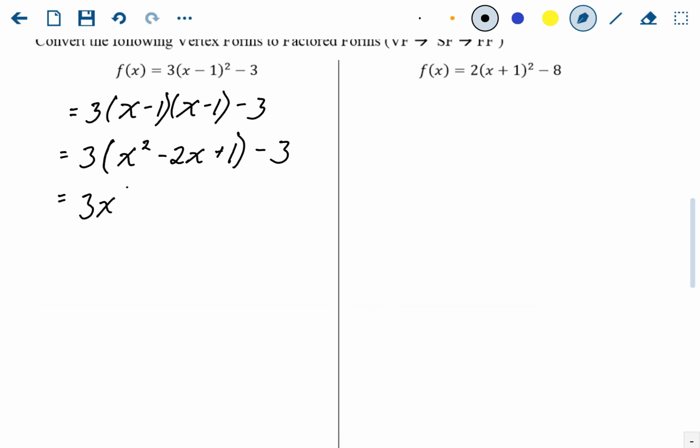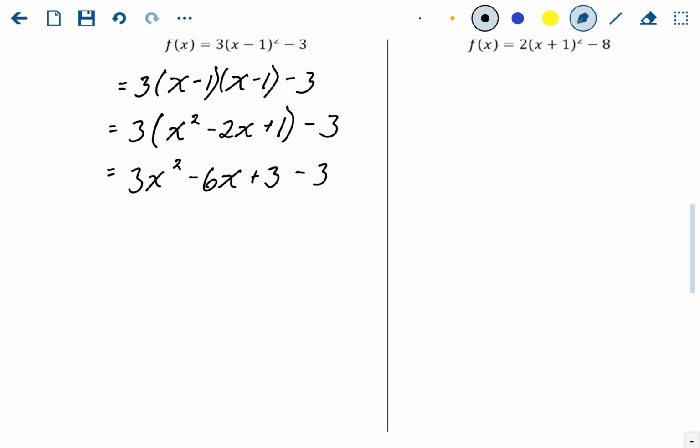Distribute the 3 to the trinomial, but not to the 3 on the back. Combine like terms. Usually these last terms are going to combine. In this case, we have -3 and +3, plus 3 minus 3. That's going to go away. So all we're left with is 3x squared minus 6x plus 0.